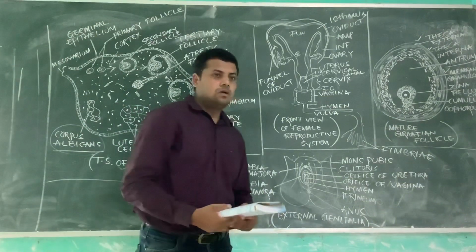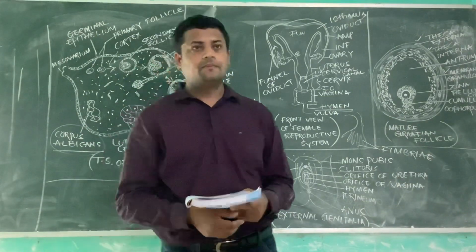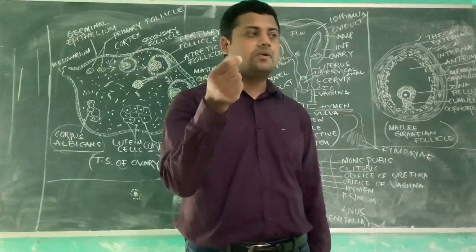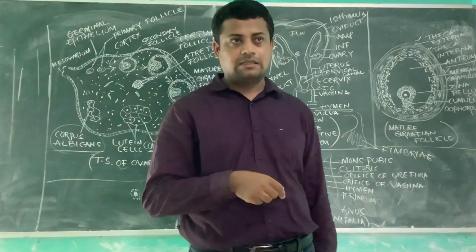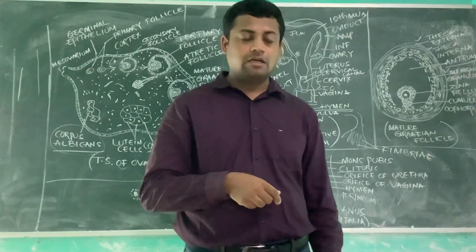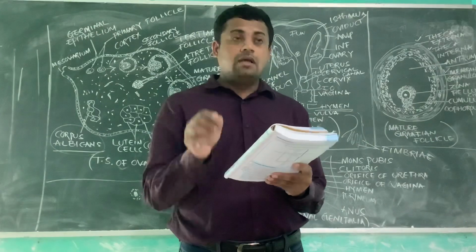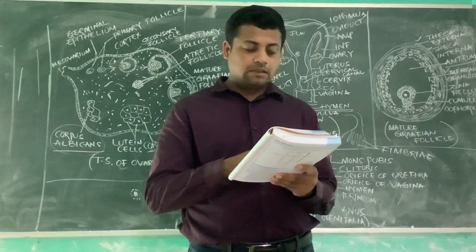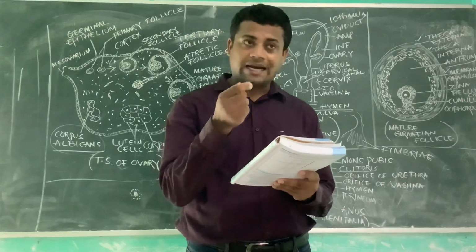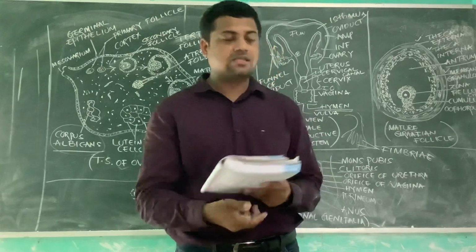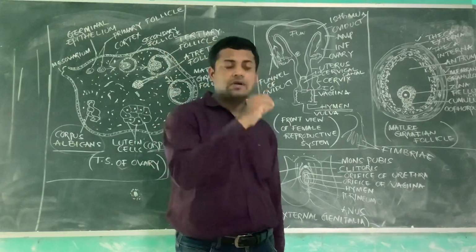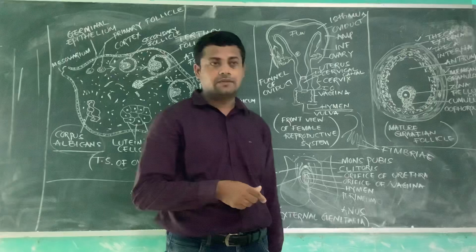The prolactin hormone stimulates the glandular elements of the mammary glands for the synthesis of milk. Mainly, each lobule of the breast contains glandular alveoli where milk is synthesized, so prolactin stimulates that particular area.